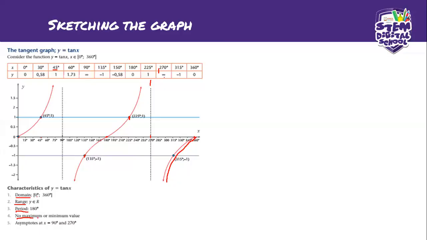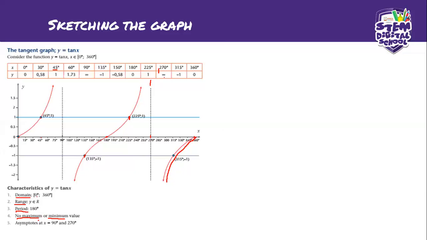It says no maximum value, no minimum value for this one. Because y does not have a maximum value or a minimum value, because the graph is still continuing. You can check it has the arrow there. The graph means it's still continuing. It does not have the endpoints there. So we don't have, in this case, the maximum and the minimum, right?